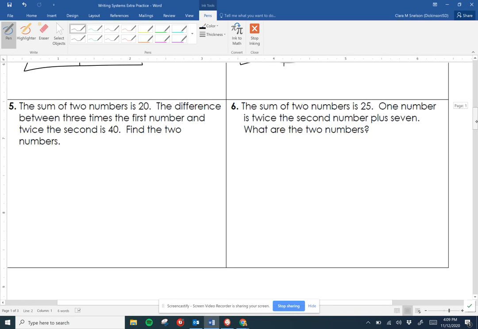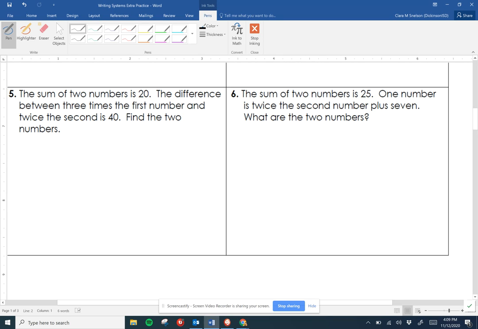Look at our last two. The sum of two numbers is 20, so if we add them together, we'll get 20. The difference between 3 times the first number and 2 times the second number, twice the second number, is 40. Okay, so our first number is going to be x.